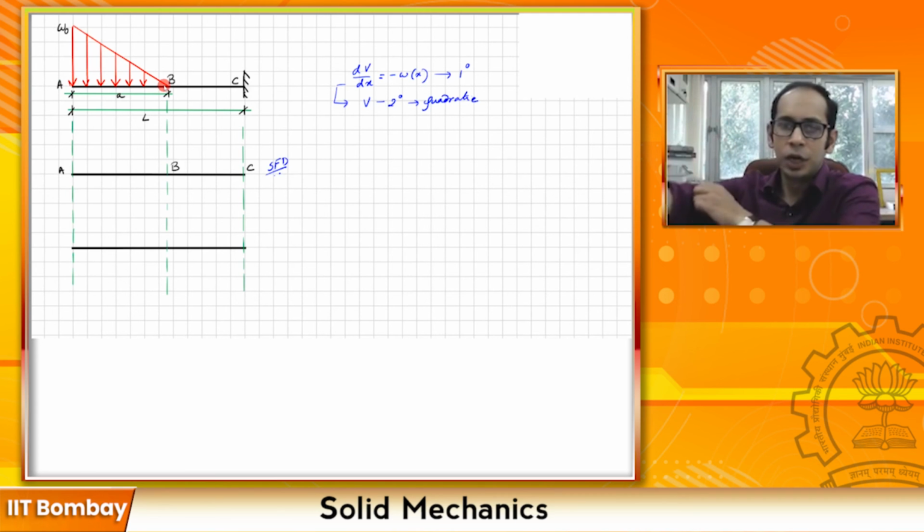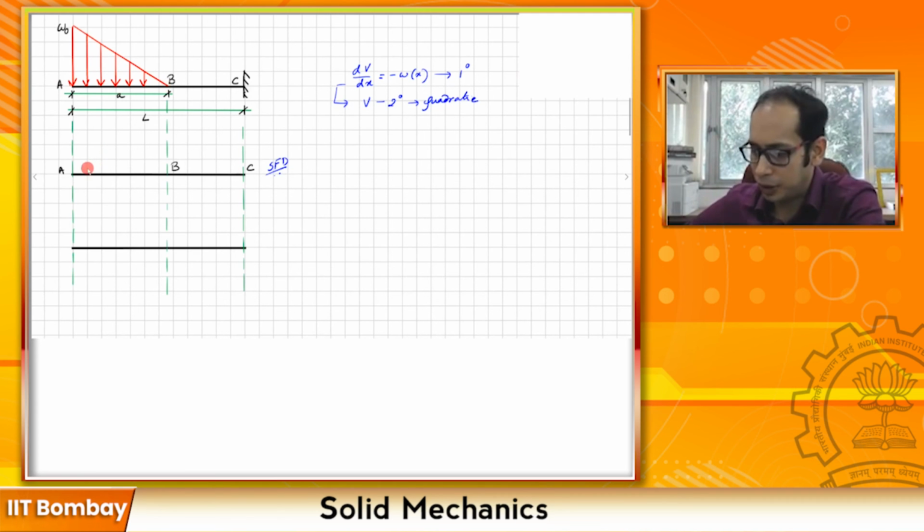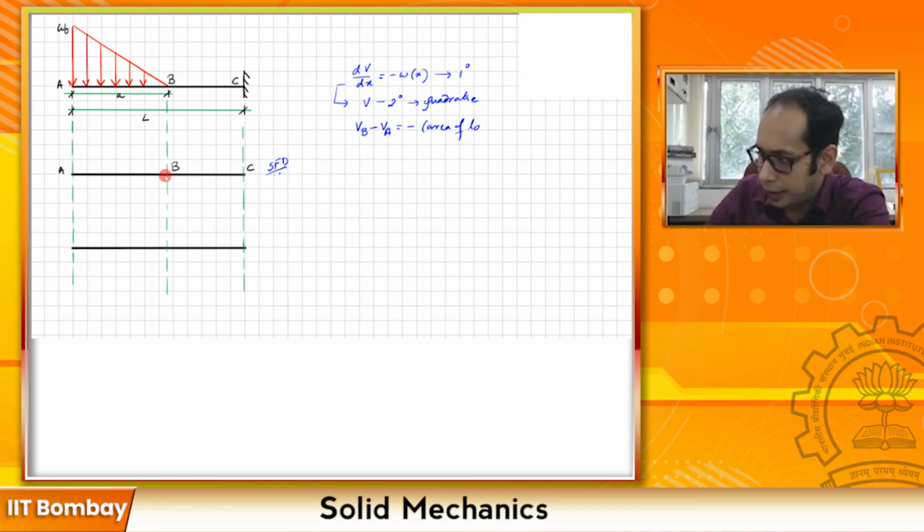Now, how is the quadratic variation going to happen? We know that it is 0 over here, and we can find out the value of the shear at this point B as well. So we have VB minus VA equals the negative of the area of the loading diagram, which is again one of the relationships which we had looked at. What is the area of the loading diagram? It is half times A times W0, half times base times altitude.